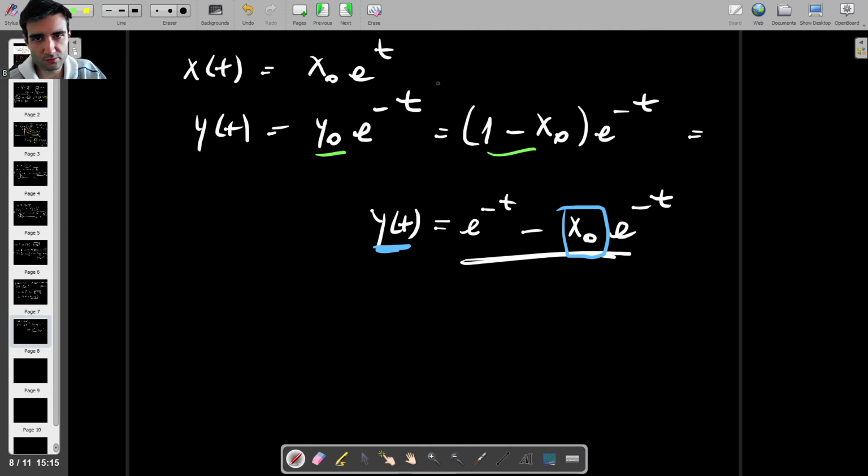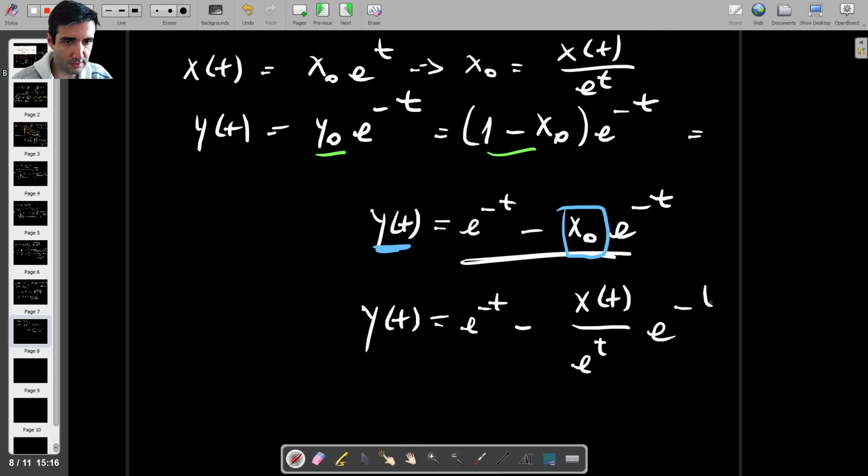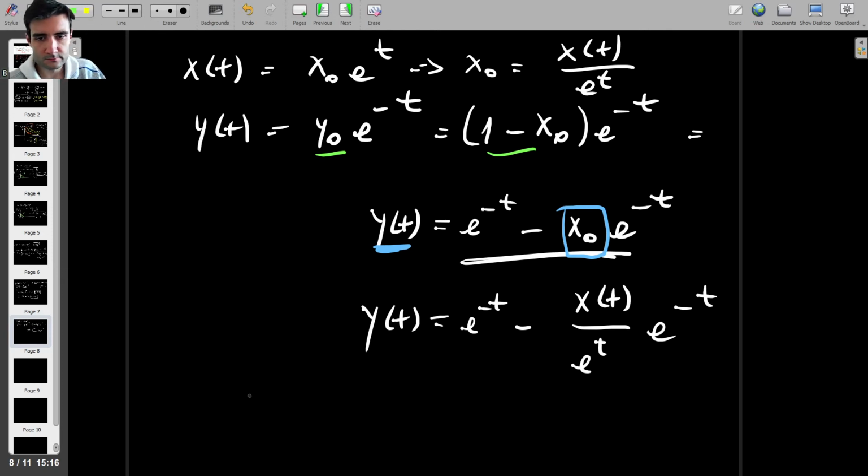To counter that, we're going to express x0 as x of t over e to the t, from the first equation. So y of t is just going to be e to the minus t minus x0, which is x of t over e to the t, times e to the minus t, which is y of t equals e to the minus t minus x, and then this becomes e to the minus 2t.